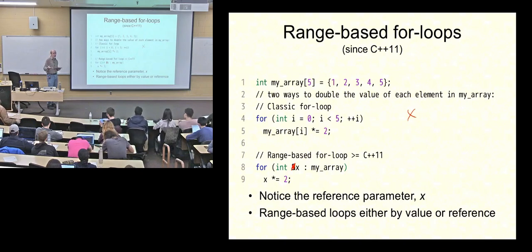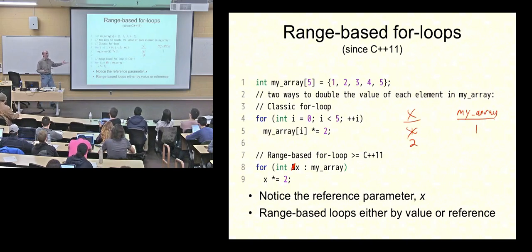If I pass something to a function by value, x gets a copy of 1. And when I change x, I'm changing it without changing the original. My array has 1 in it, x has a copy of the 1. When we change x, the original doesn't change. But if we had a reference, if we modify the reference, the original 1 changes. So it's just like function parameters.